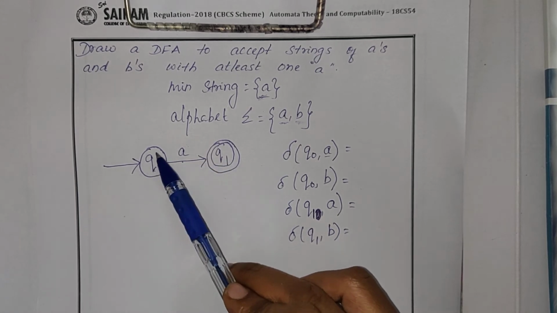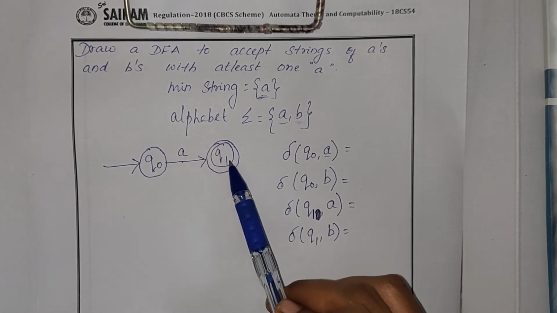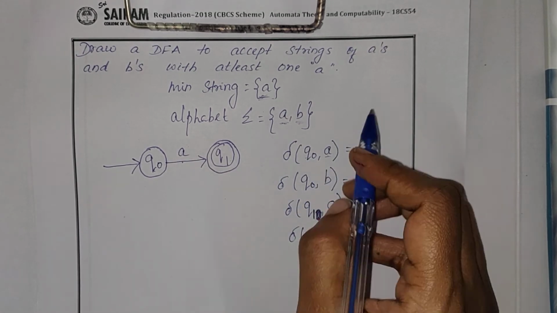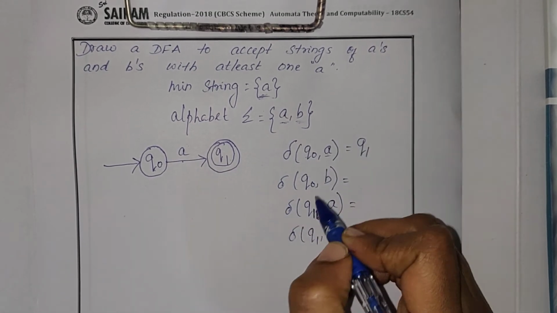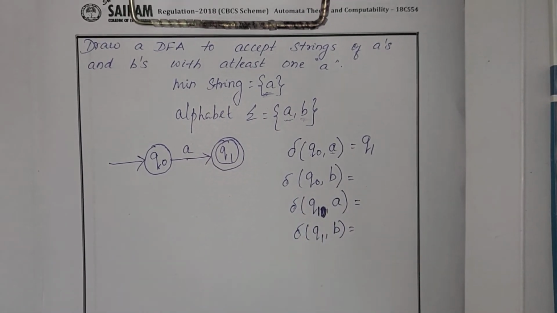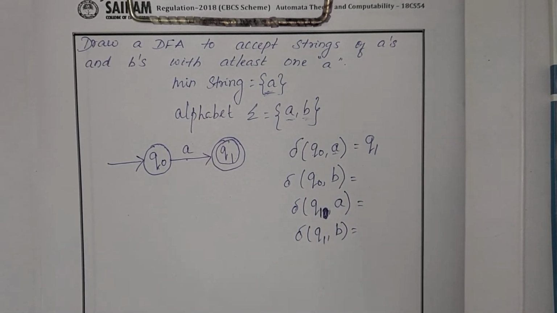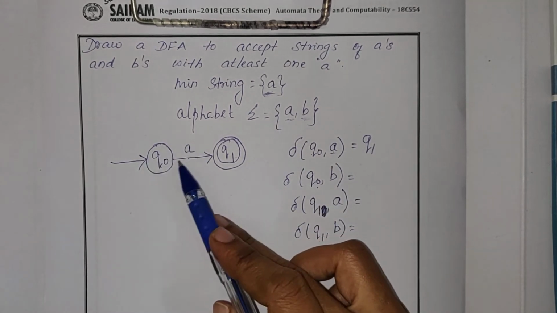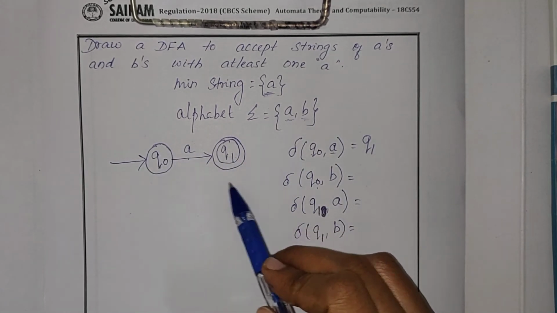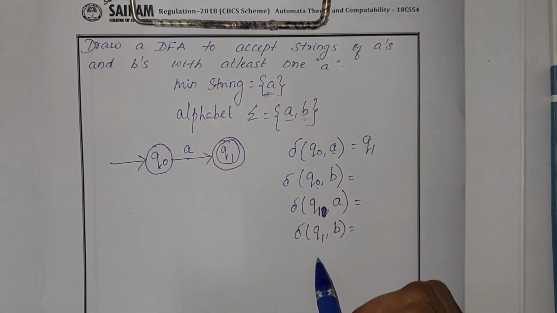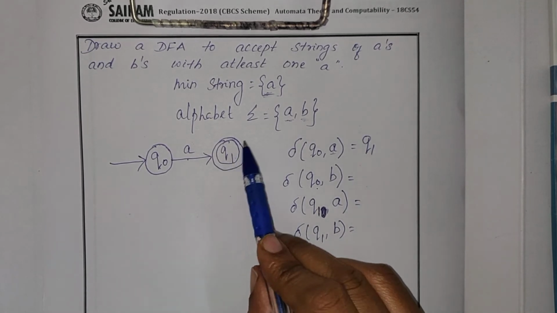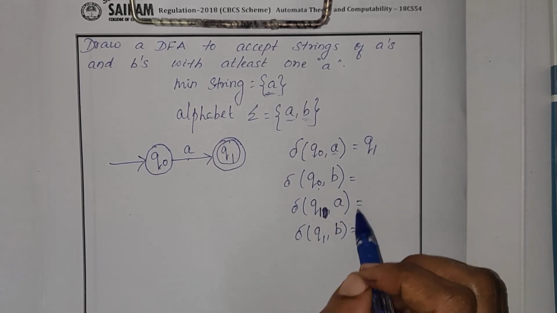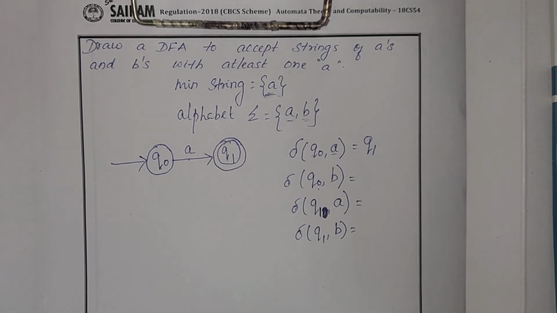Am I having any other transitions? No. You can check: Q0, B, is it available? No. Q1, A, is it available? No. Q1, B, is it available? No. So these three transitions I am supposed to find now.